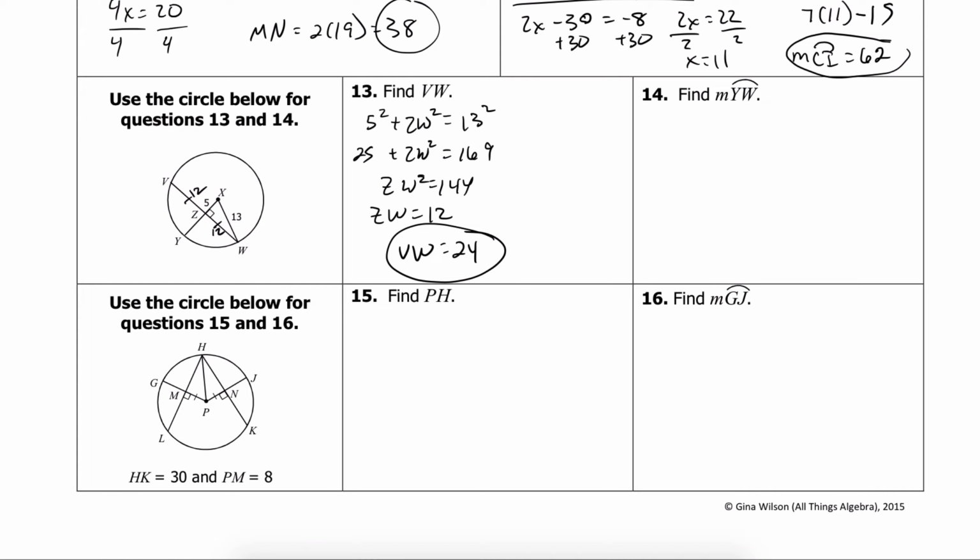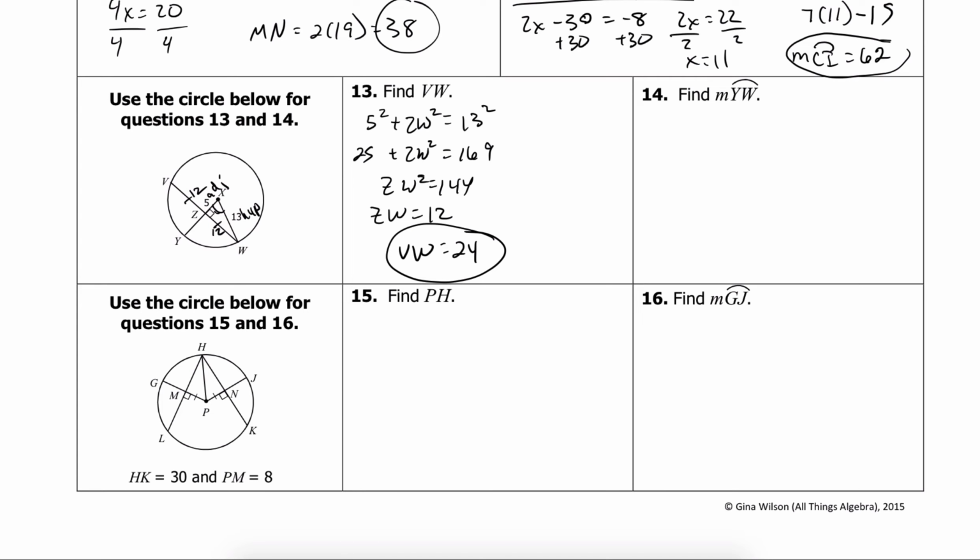Now, we're going to find YW. Okay, if you remember back from the previous section, we said that central angles are the same measure as their arc. So I need to find this angle right here. I need to use some trig. Remember trig? Oh my goodness. You can use any trig function you want. I'm going to use cosine because I know that this 5 is the adjacent side and this is the hypotenuse.